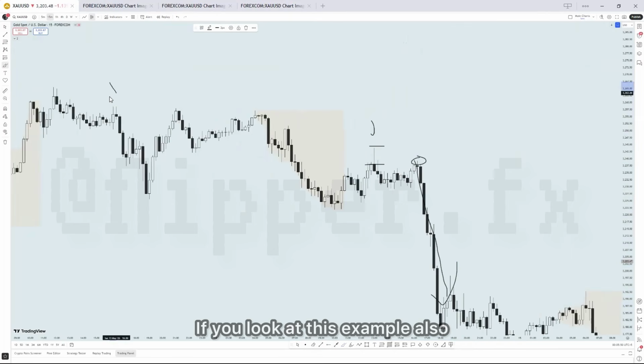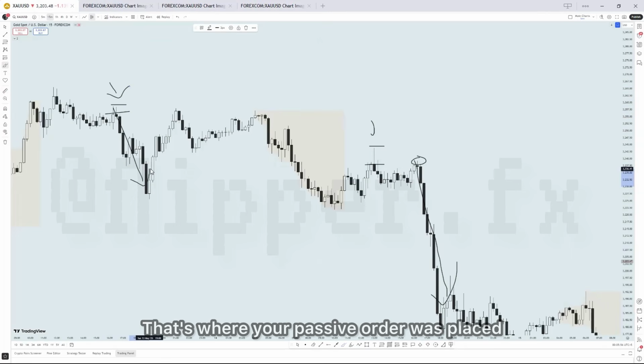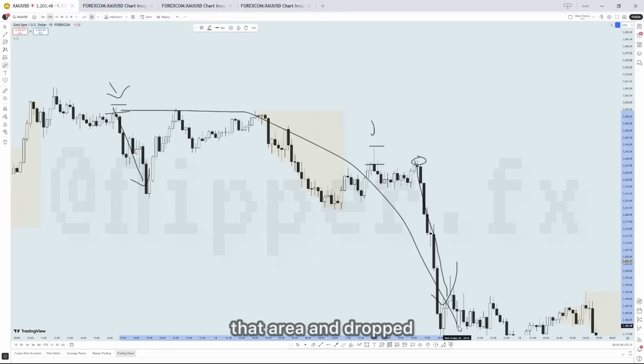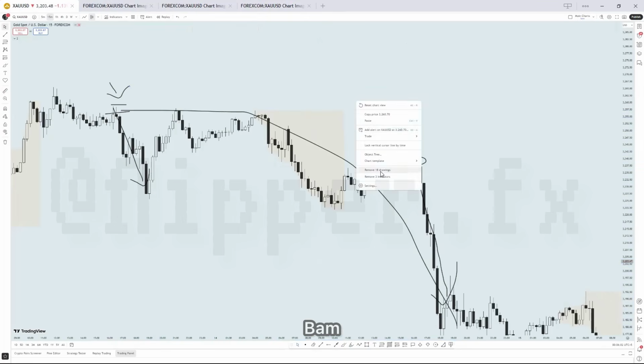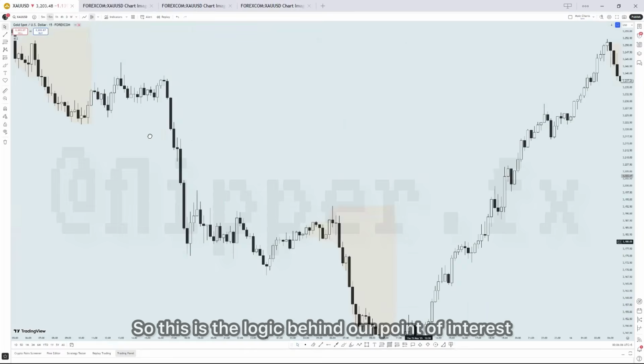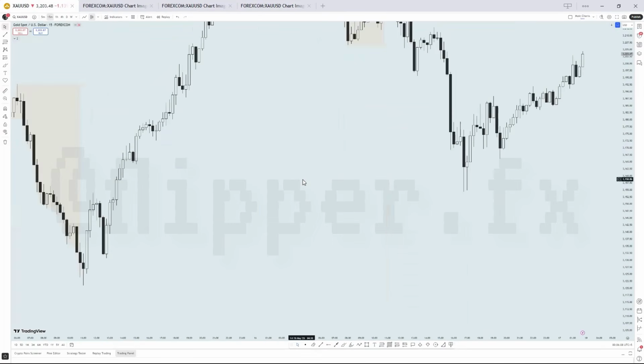If you look at this example also, there was a structure here from where momentum started. That's where your passive order was placed. The market revisited that area and dropped. Bam.